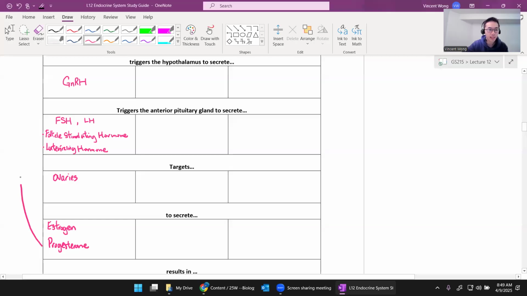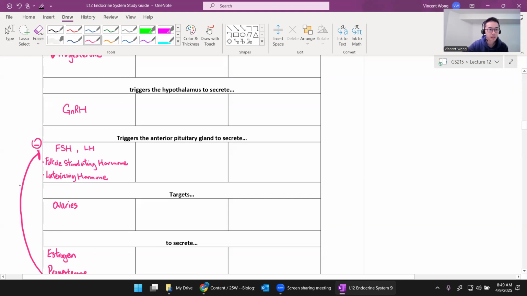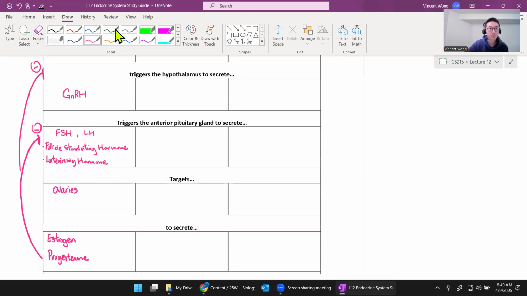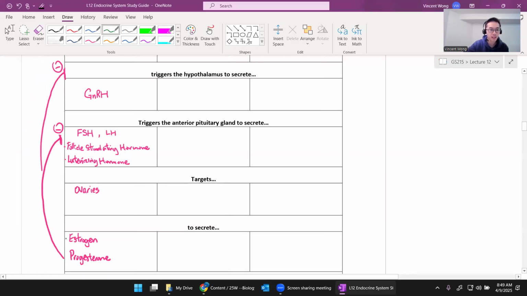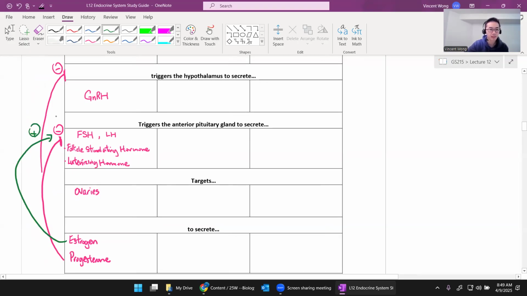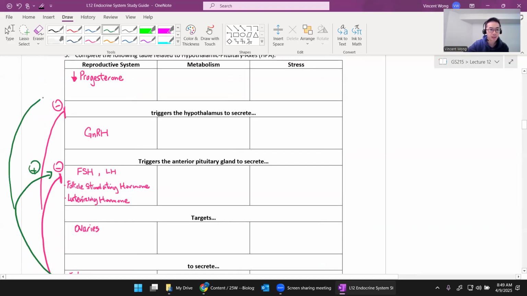Progesterone will go back and have negative feedback. It's going to shut it down. But estrogen, which is the first half of the cycle, is actually going to have positive feedback. So I guess what we can do here is decrease progesterone and increase estrogen.